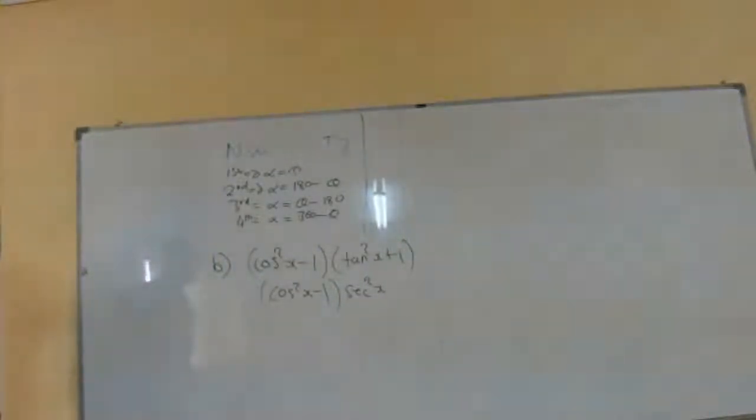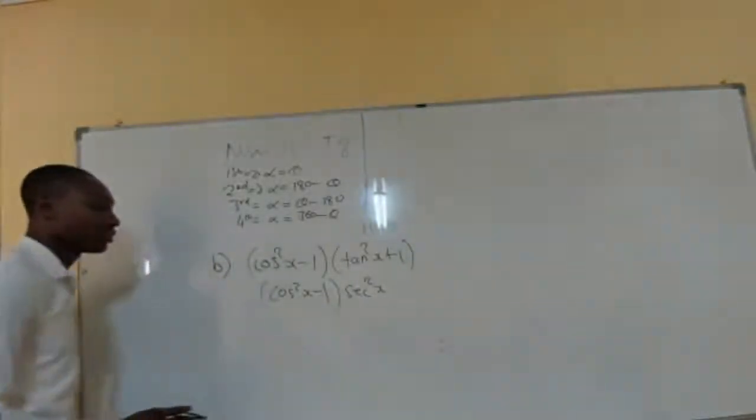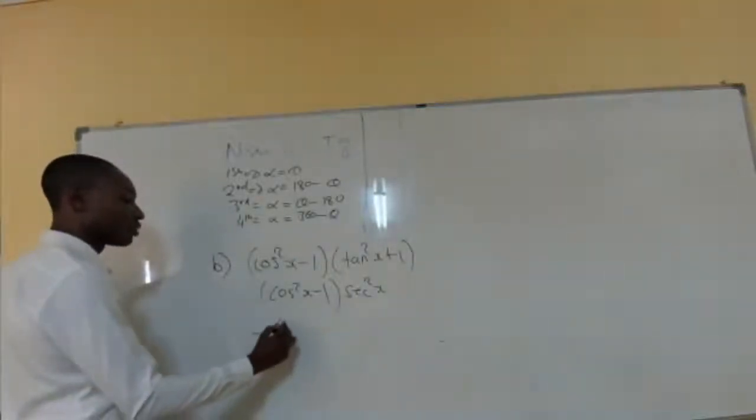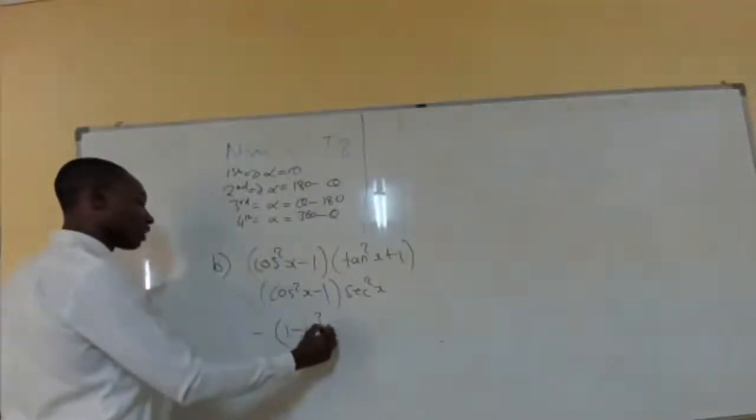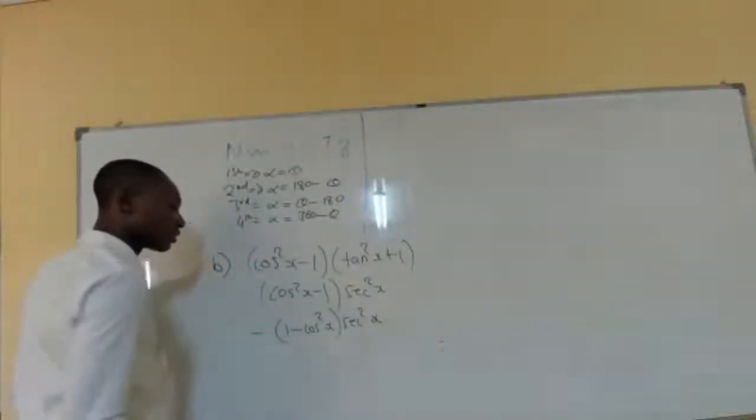Now, this cos squared x minus 1, if I factor out a negative, we're going to have 1 minus cos squared x, then sec squared x.